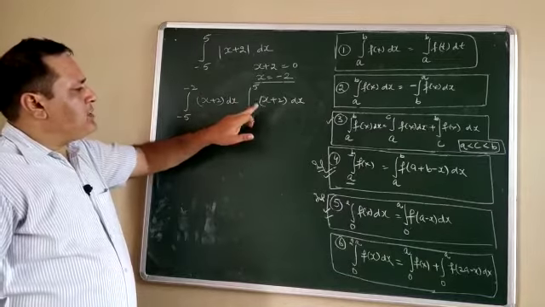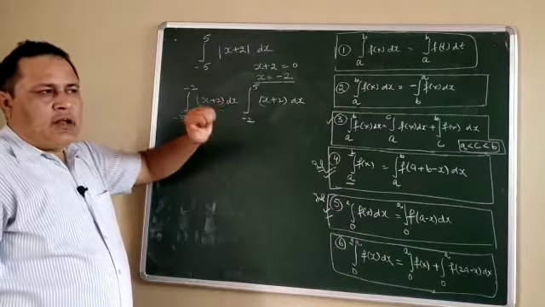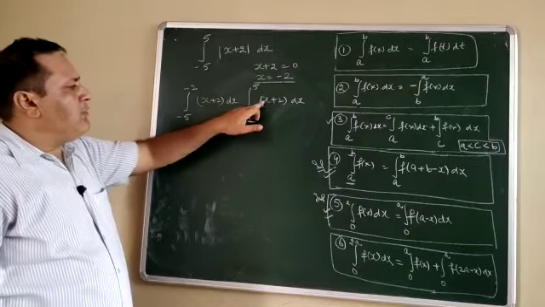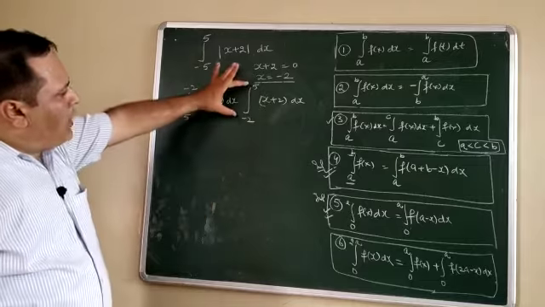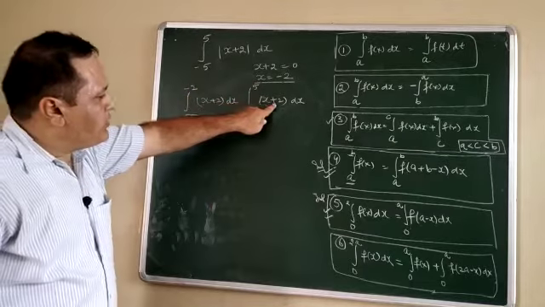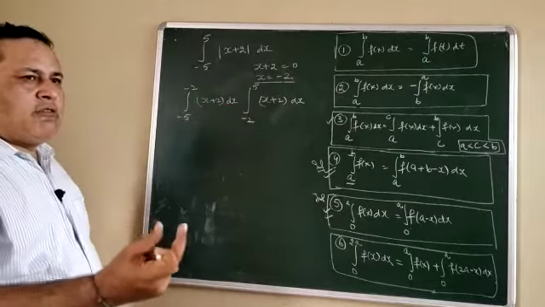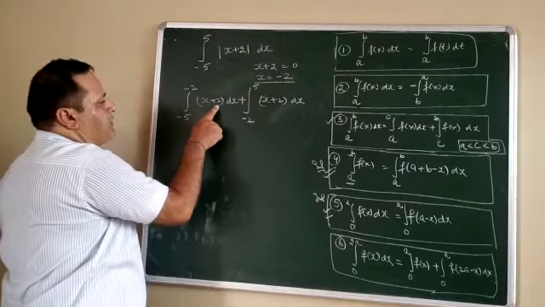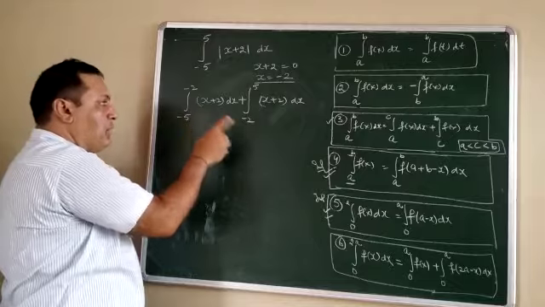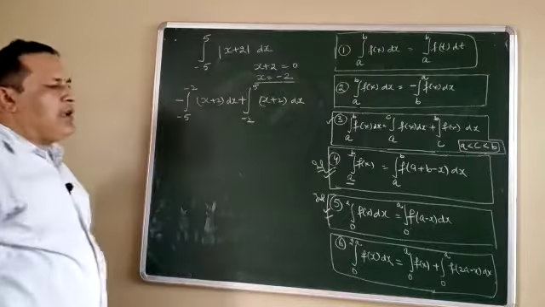If you substitute minus 1 plus 2, that is again positive. If you substitute 1 plus 2, that is 3, again positive. So any value among these you can substitute into this function. If this function gives a positive result, then you put a plus symbol. If it gives a negative result, then put a negative sign here.